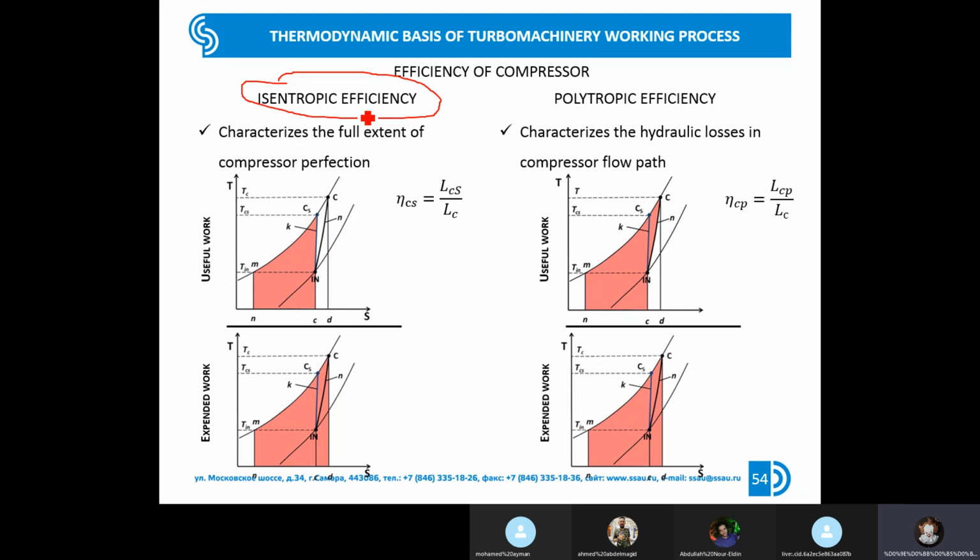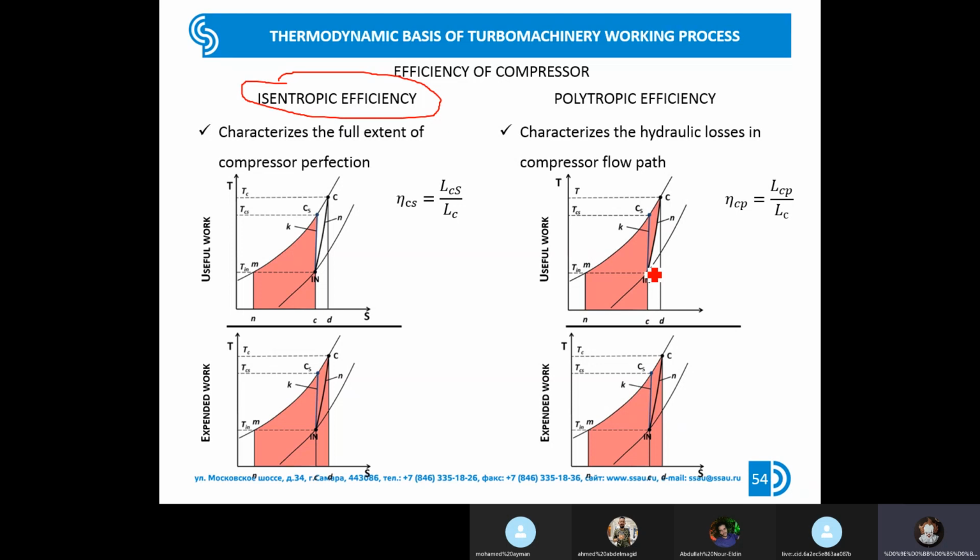But sometimes, especially in thermodynamic calculations, polytropic efficiency could be used. It takes into account the additional work of compressing more heated gas, and this value is more than isentropic efficiency.